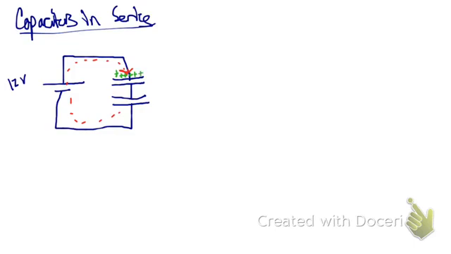But where did it get those positive charges? Because right in here there are breaks in the circuit. It's not allowing charge to flow. Charge does not flow through these capacitors.